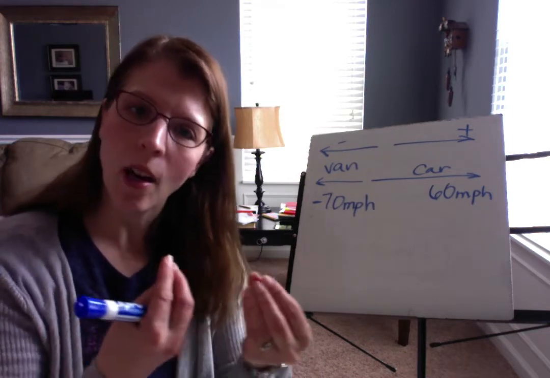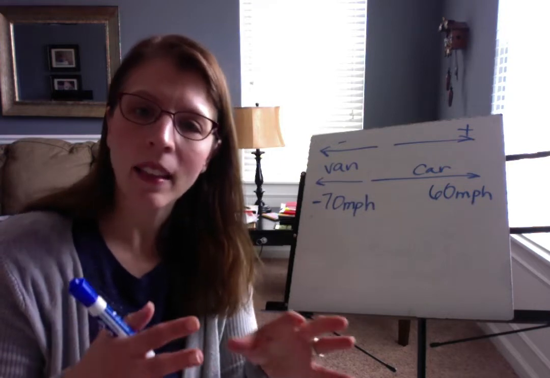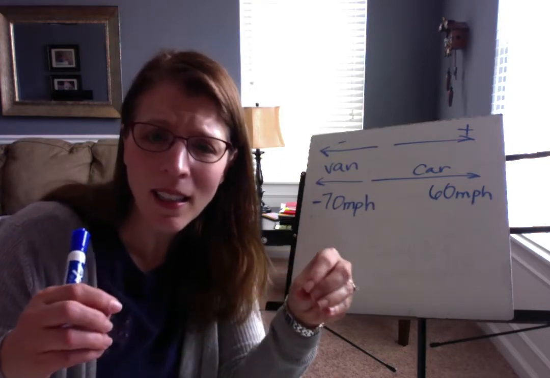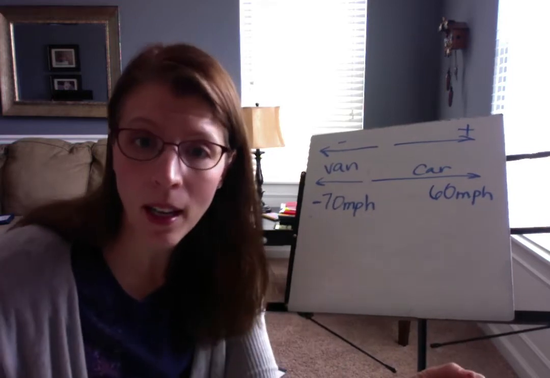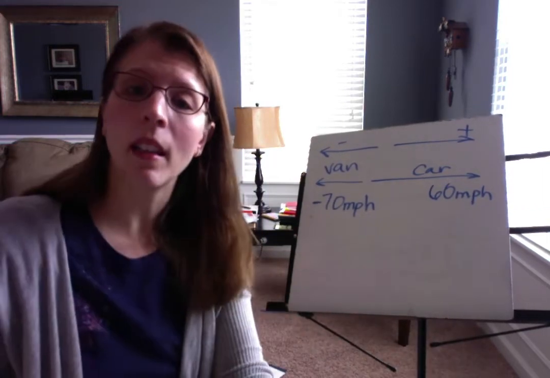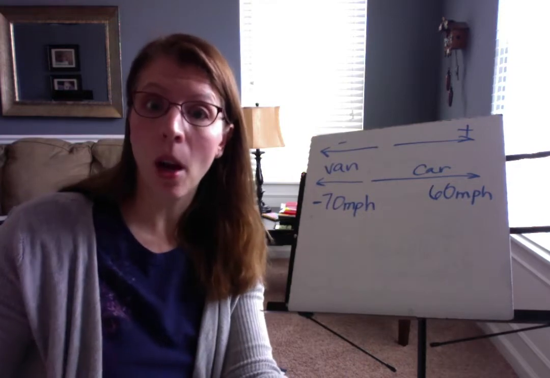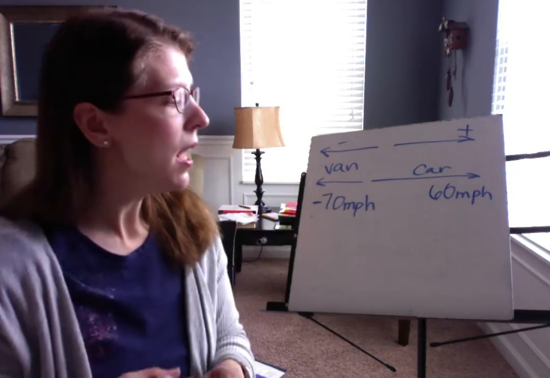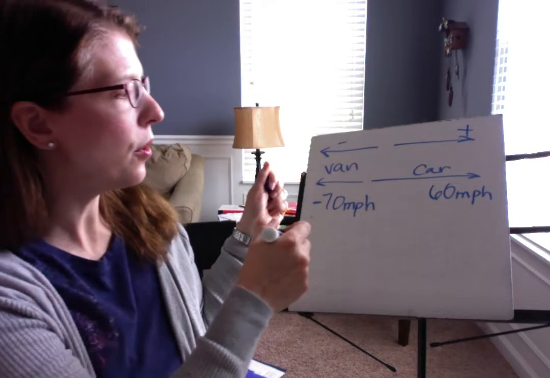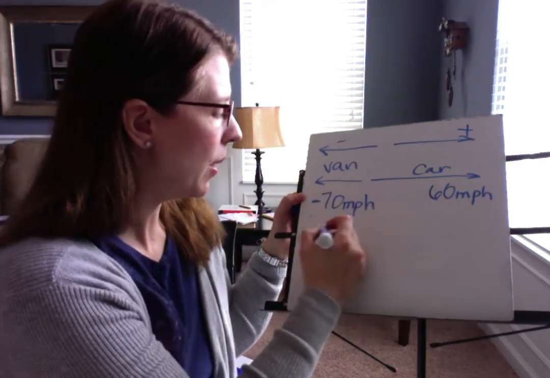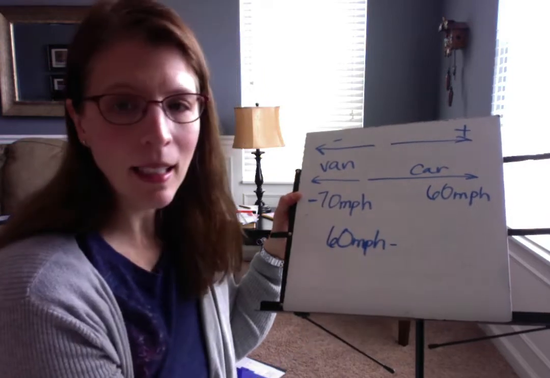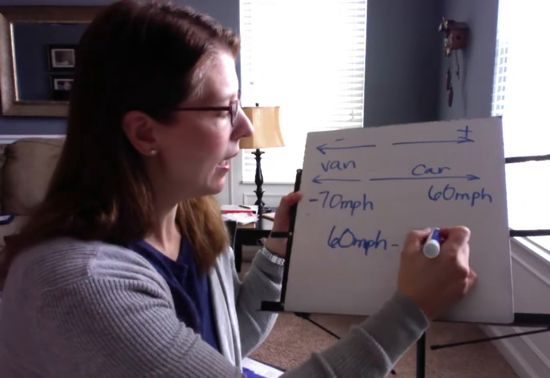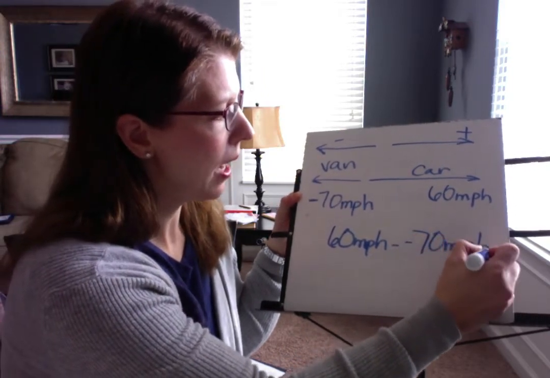But if you want to compare the speed that exists between them, how quickly those two vehicles are moving apart from each other, then you would subtract them in this way. You would say 60 miles per hour minus a negative 70 miles per hour.